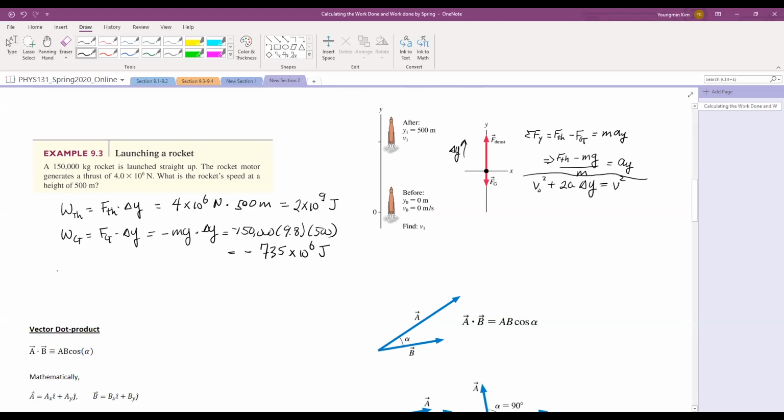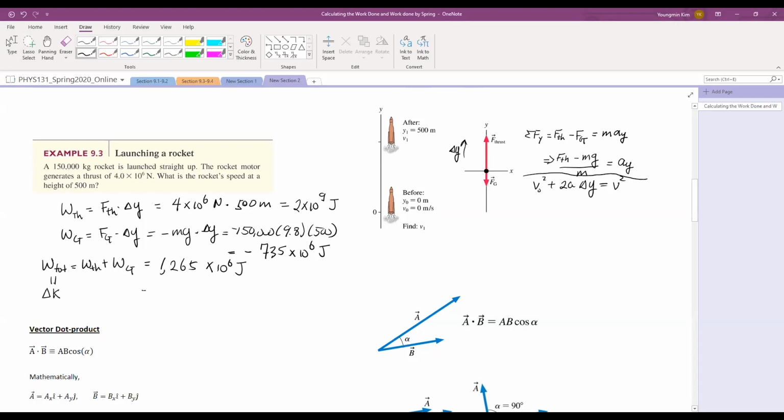Okay, so now the total work is the work done by the rocket plus the work done by gravity. So this would be this number subtracted by that one, which is 1265 times 10 to the 6 joule. Okay, so that is the total work being done, and the total work being done is equivalent to the change in the kinetic energy of the system.